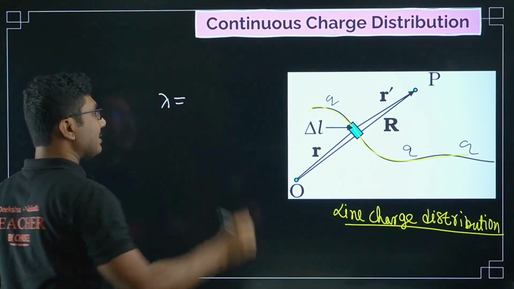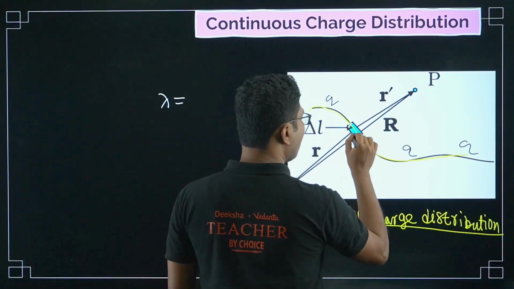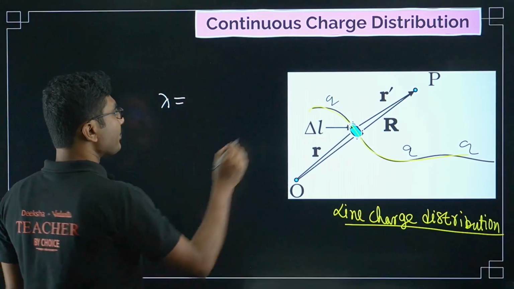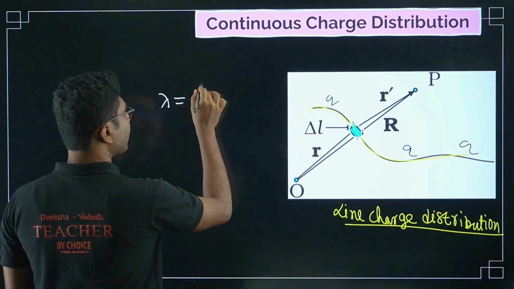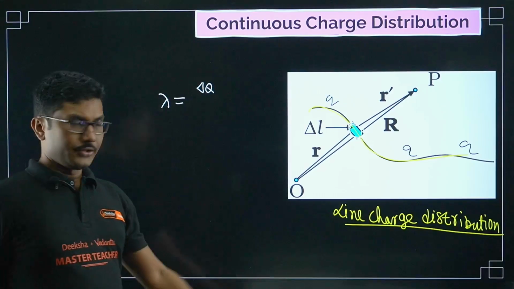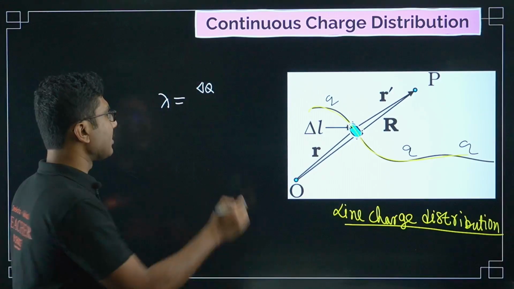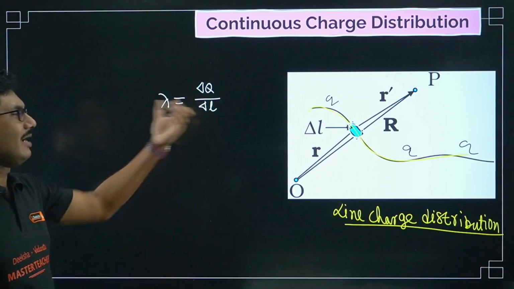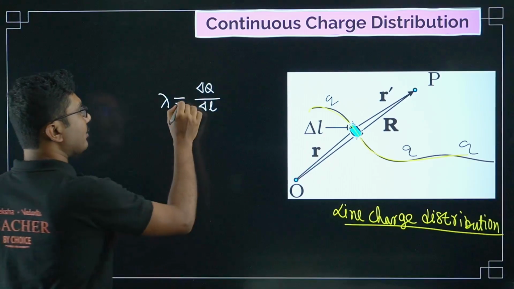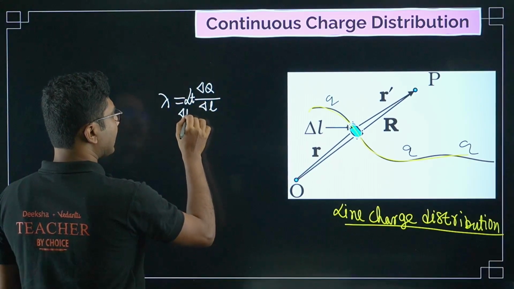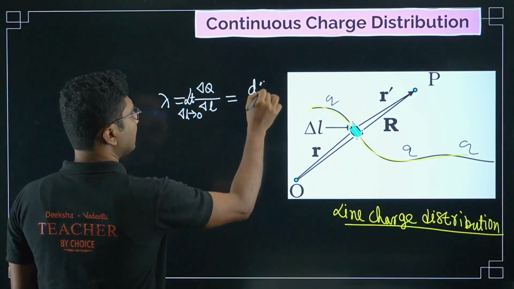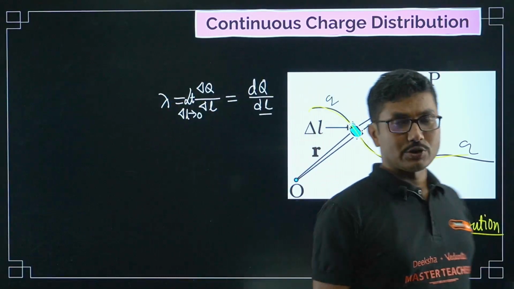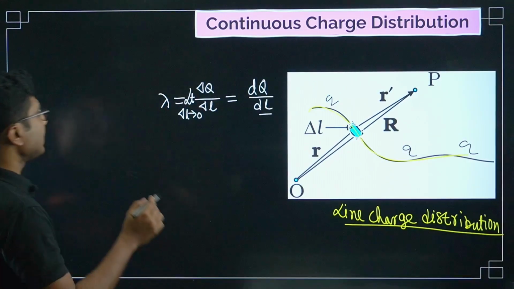If you take a very small portion of the line, and the charge on that small portion is delta Q and the length of that portion is delta L, then lambda is delta Q by delta L. You can take the limit delta L tends to 0 and write it as dq by dl as well. This is called line charge density.